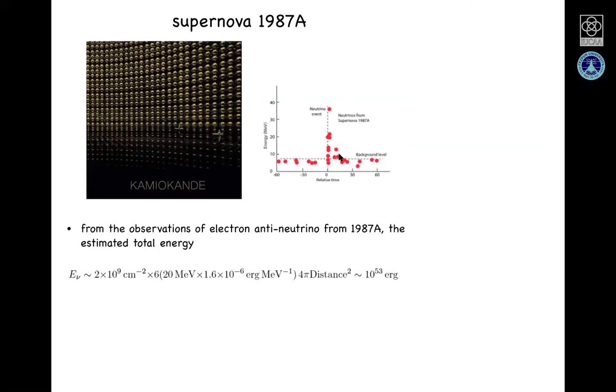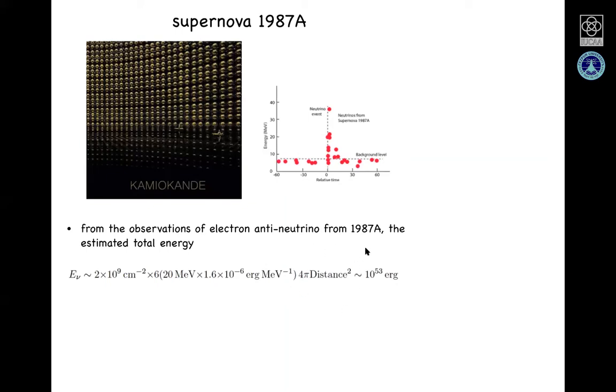Integrated over time, there was about 2 times 10 to the 9 per centimeter square fluence, and each of them had 20 MeV. So in terms of ergs, this is the number in ergs, multiplied by 6, because they just detected electron antineutrinos, but there are 6 of them: 3 flavors, each with neutrino and antineutrino.